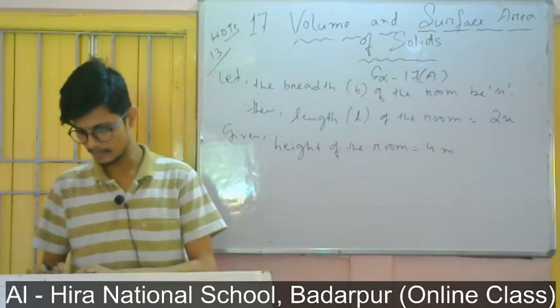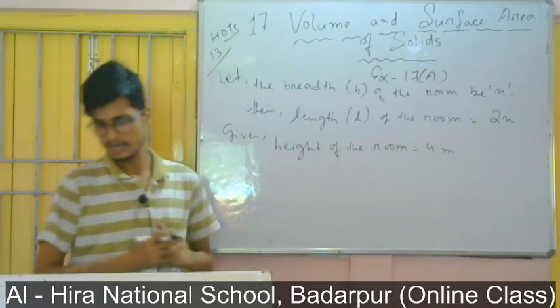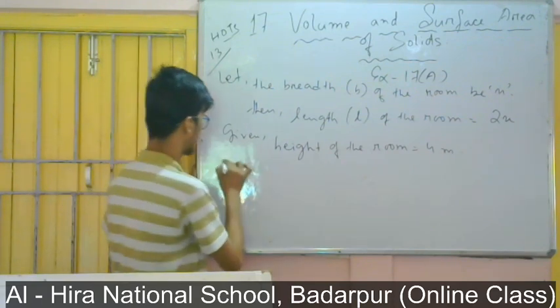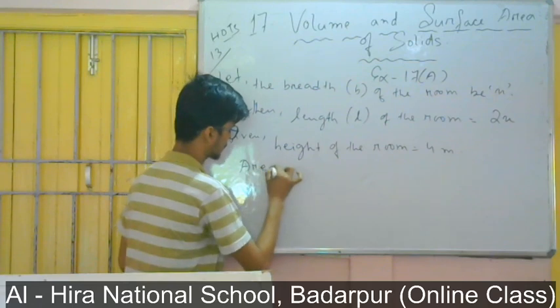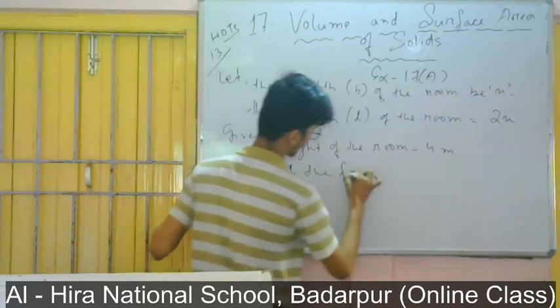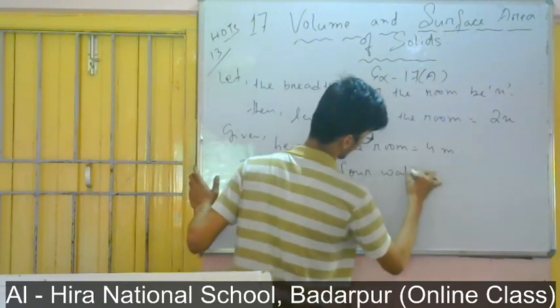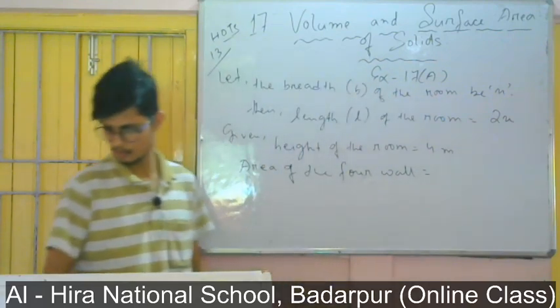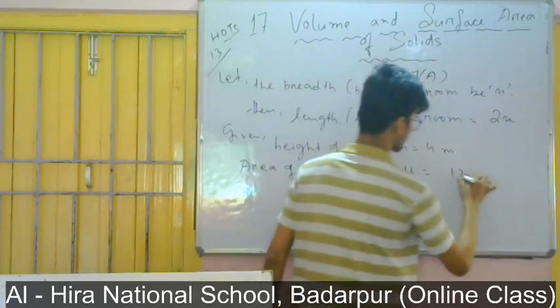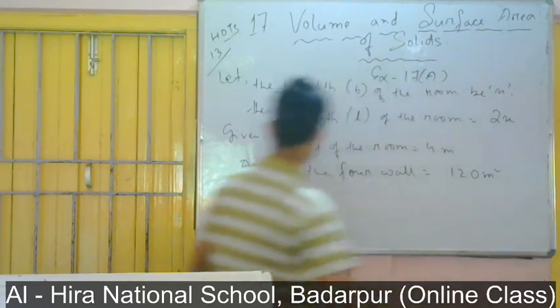So now it is given that the area of the four wall is 120 meters squared. So I will write, since area of the four wall is equal to 120 meters square.